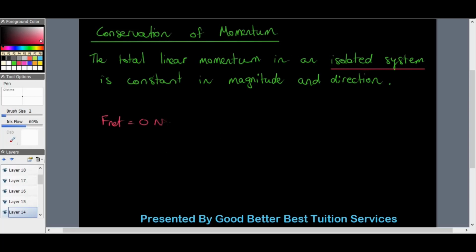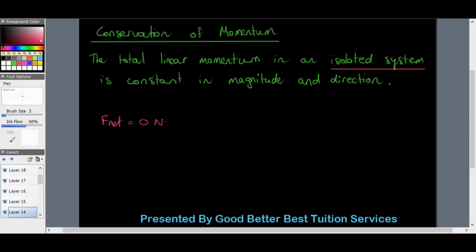In other words, its value is 0, which means it excludes all external forces that originate outside of two objects that are colliding. All right? Because that's what usually we test momentum for, or conservation of momentum for. For example, in an isolated system, there'd be no friction. All right? Only internal forces would be considered.